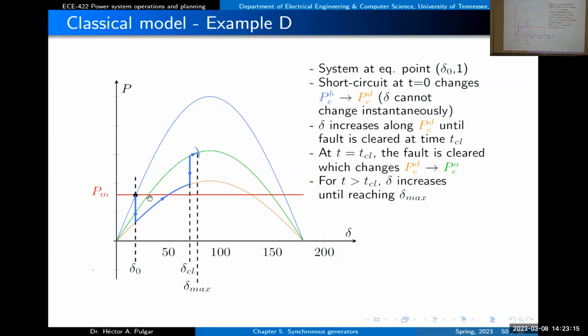And at some point, we will reach that point where we should have the equilibrium, but because of the inertia, the speed and the angle were reducing, we will pass this point, and then you will have again a positive acceleration. At some point, that decrease in the angle will be stopped because of the positive acceleration, and we start moving up again, and the machine will oscillate until we reach the final equilibrium point that will be given by the intersection of this green curve and the red curve.